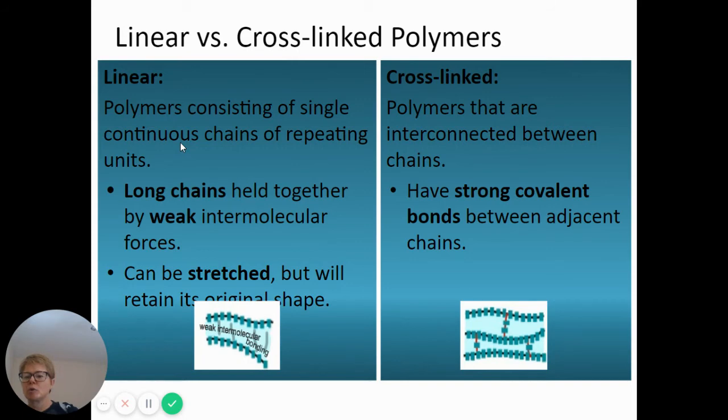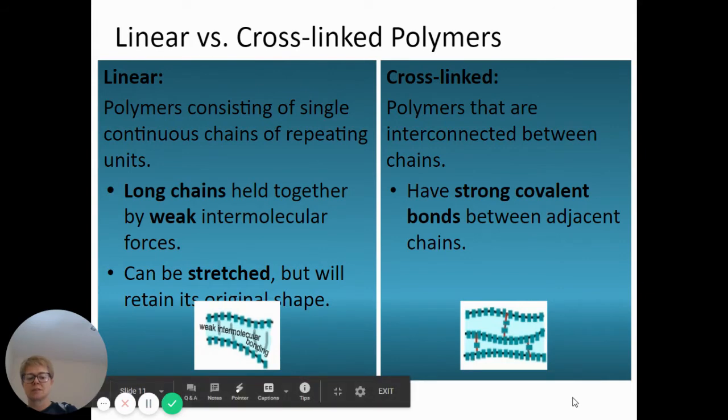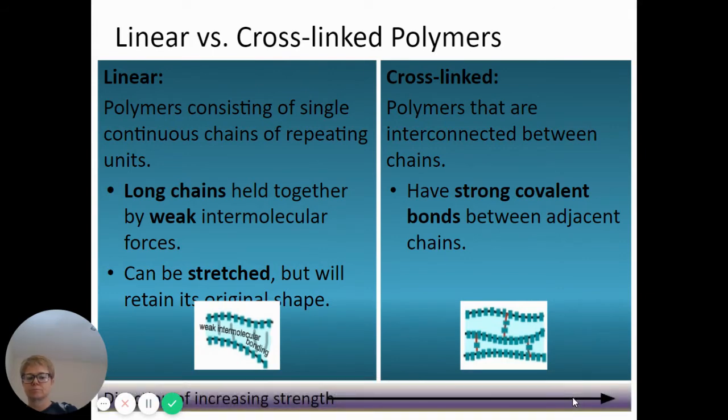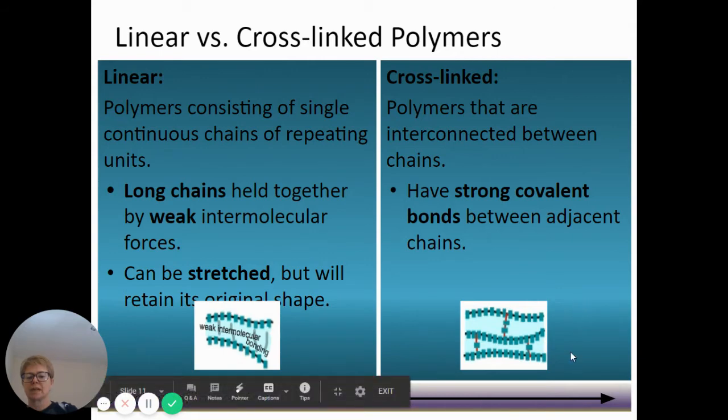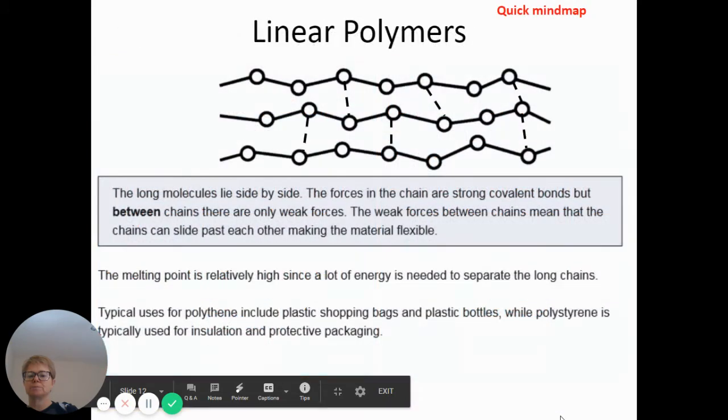So your linear polymers are things like plastic bags, where you've got sort of stretchy, flexible fabrics. Or maybe some of the polymers used in synthetic clothing, where you can stretch the clothing, but it returns to its original shape. Your cross-linked polymers are your rigid plastics. So the more cross-linking we have, the stronger the polymer material will be.